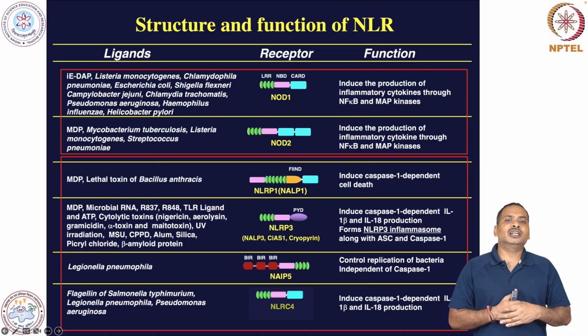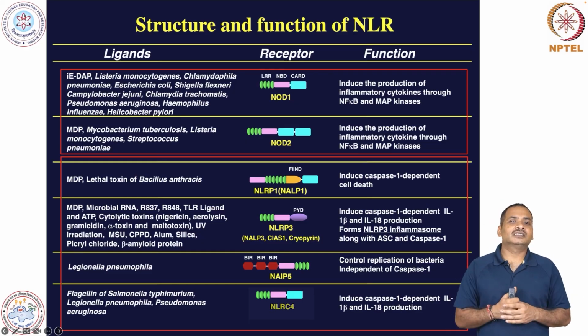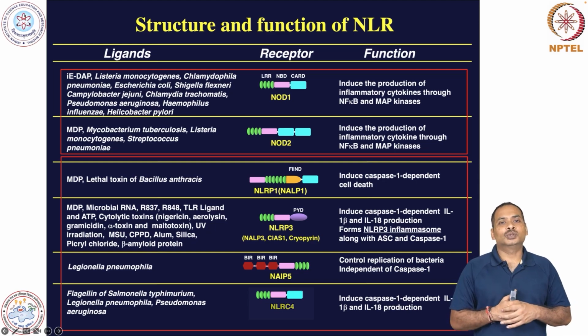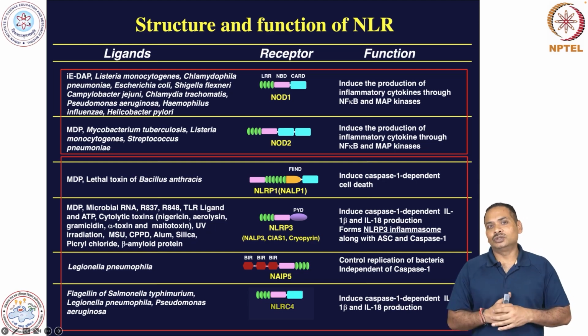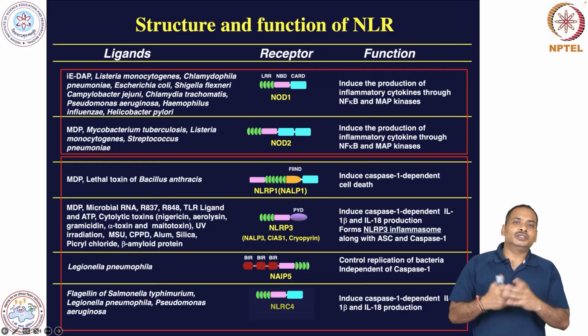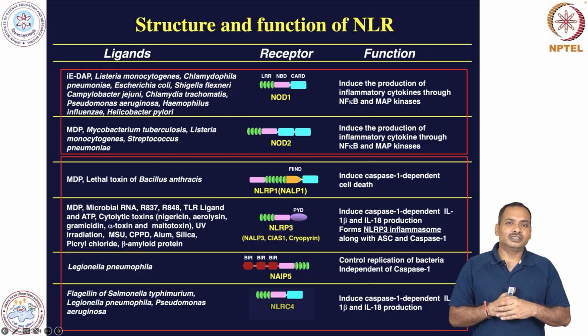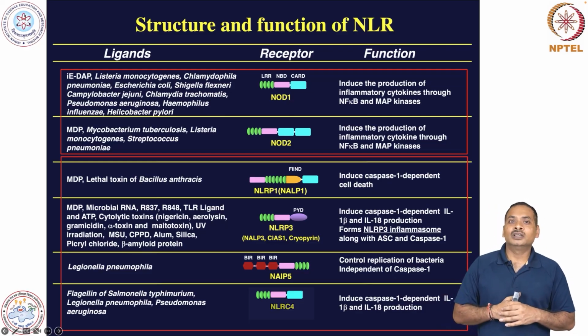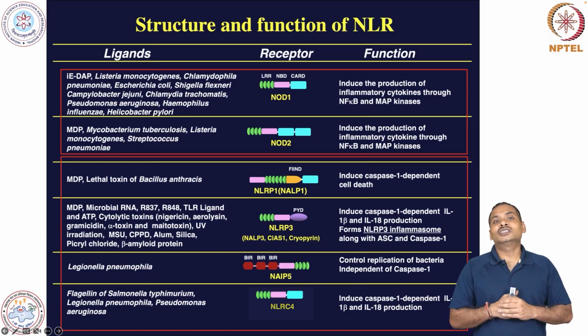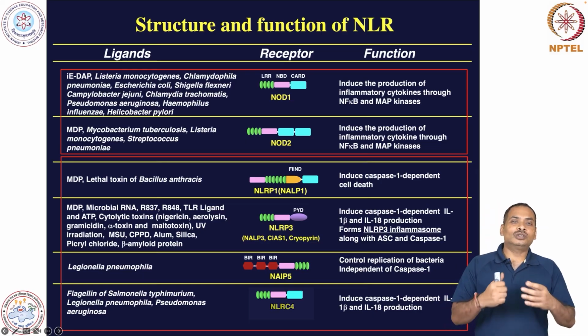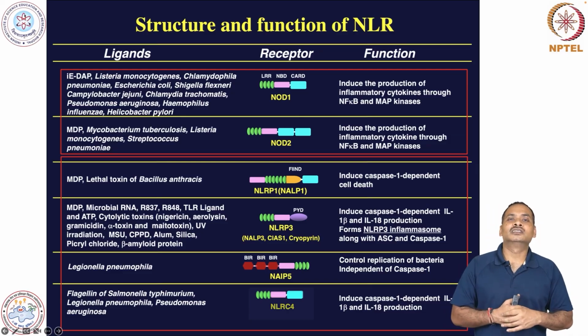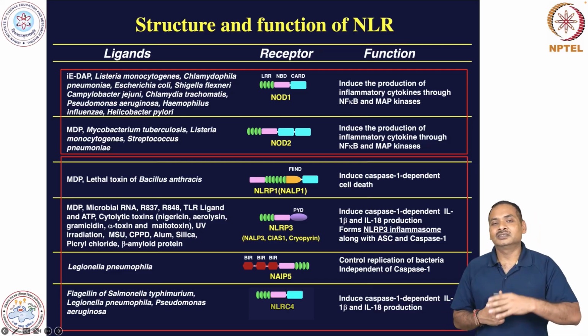So here you can see that NLRP1 basically senses the MDP and lethal toxin of Bacillus anthracis. Okay, so Bacillus anthracis has three major proteins which make up the exotoxins. Probably you are aware that there are two major kinds of toxins produced by bacteria. One is endotoxin, which is like LPS. Exotoxins are toxins which are synthesized in the bacteria and then secreted out.